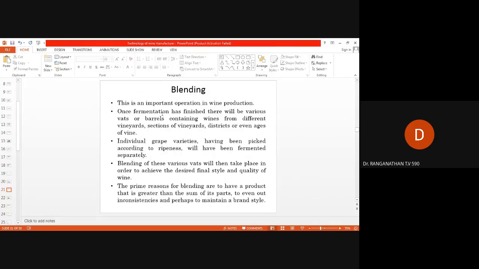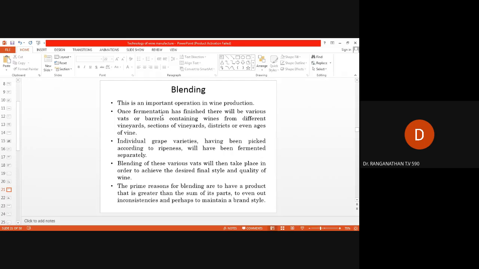After this, blending is done. What is blending? Depending on the raw material, depending on the sugar content of the raw material and other things, I have lots which have variations in the sugar content of the final product, right? A wine which is totally dry, which has some amount of sugar, which has no color, which has color extracted, which is tart, etc. Basically, blending is done to maintain a standard level of tartness and color.